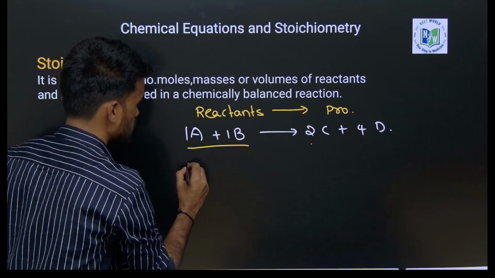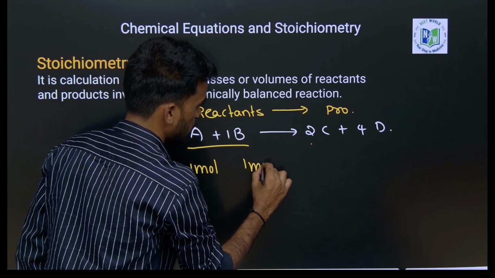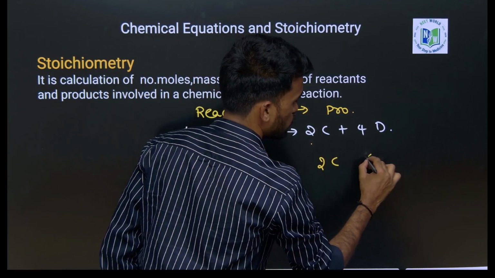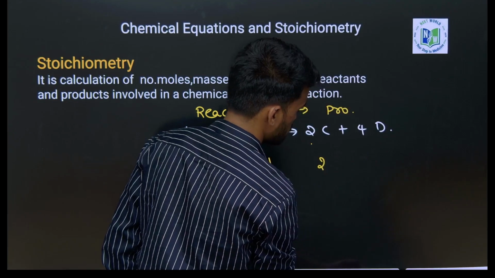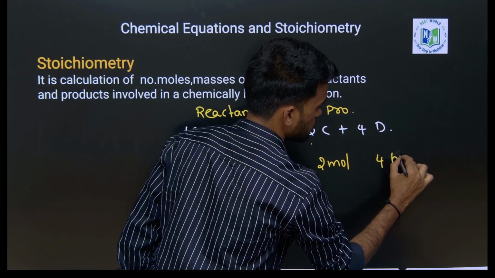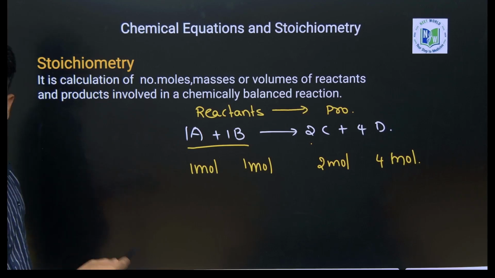So theoretically, 1 mole of A reacts with 1 mole of B, forming 2 moles of C and 4 moles of D. Based on this we have to do our calculation.